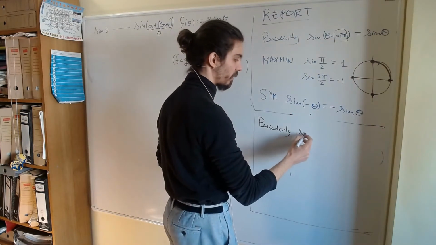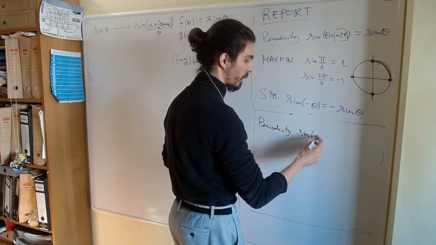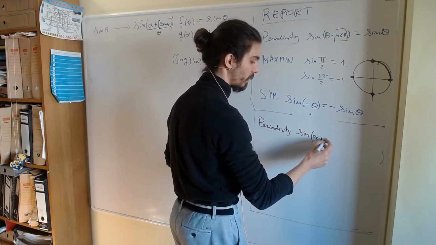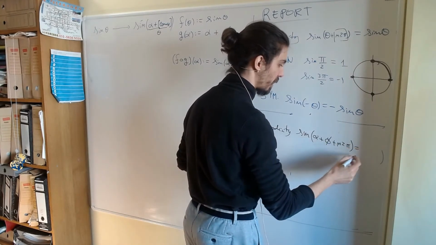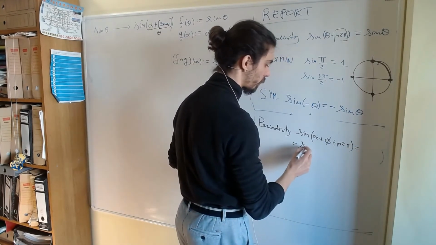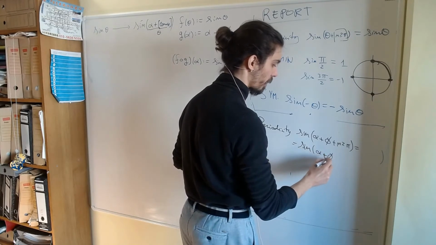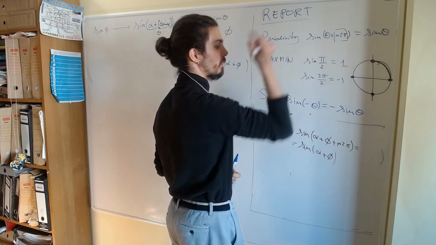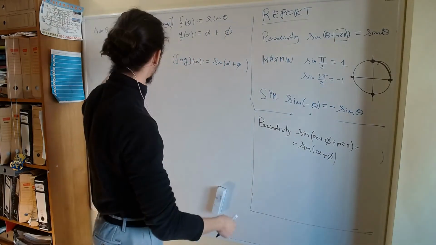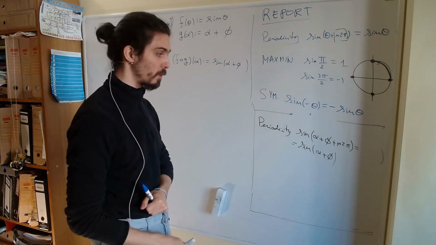So sine of alpha plus phi plus n times 2 pi leaves the thing unchanged, that is equal to sine of alpha plus phi. This is theta and this is theta. So this transformation doesn't affect the period.